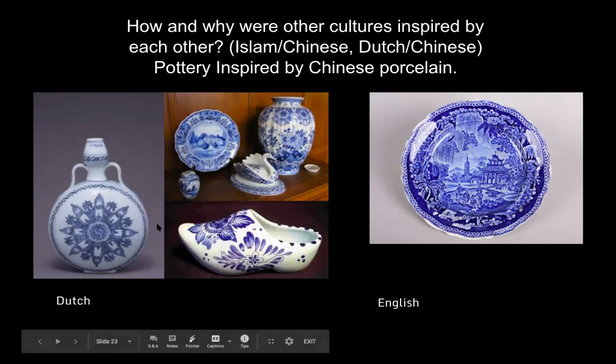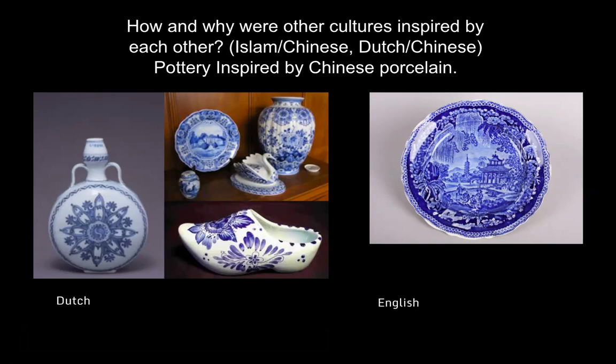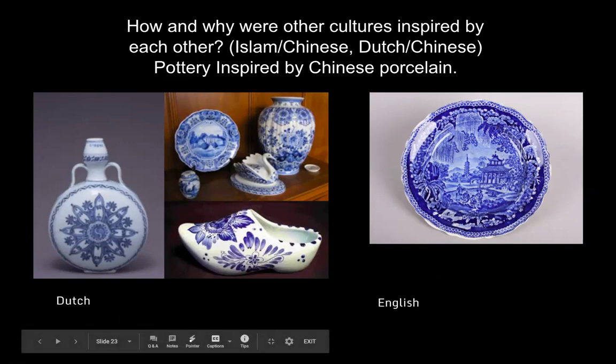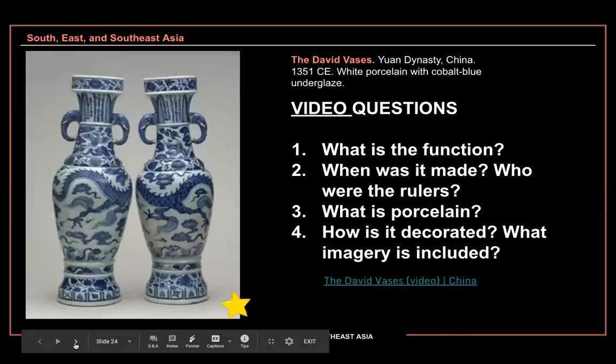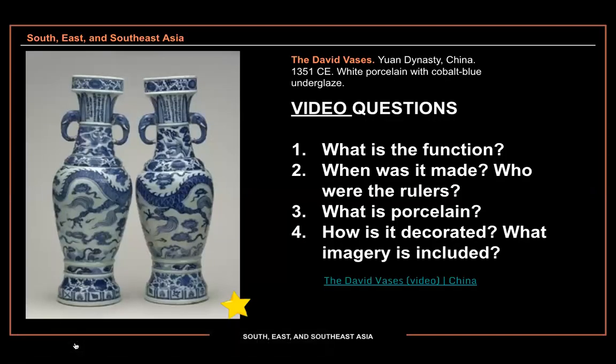So this popular blue cobalt pottery made of porcelain was making its way to Europe, but not being imported, it was being imitated. The Dutch did it, the English did it, and pretty much all cultures in Europe did as well. So we're going to be looking at the David vases. David is the name of the, I think, English admiral who eventually got these.